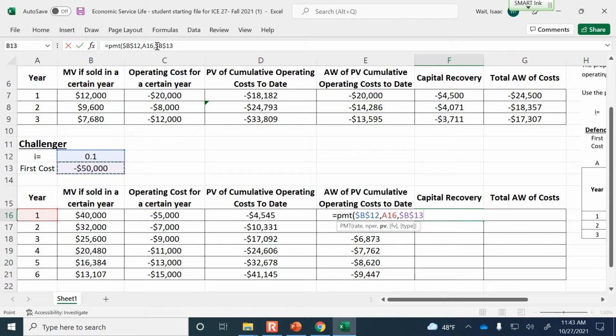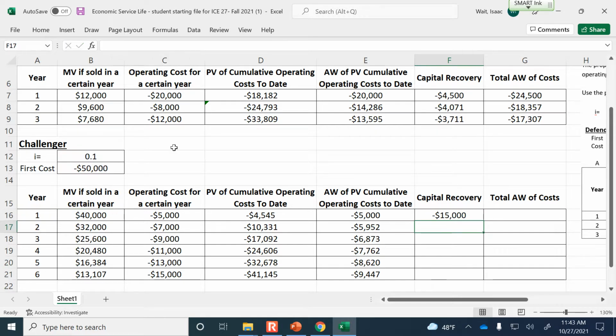And of course, we always get in the habit of putting in the minus sign because these built-in functions typically flip. And then the future value is this salvage. So this market value is how much we would get in revenue if we sold it in a given year. Oh, but I need to put the minus sign in there.